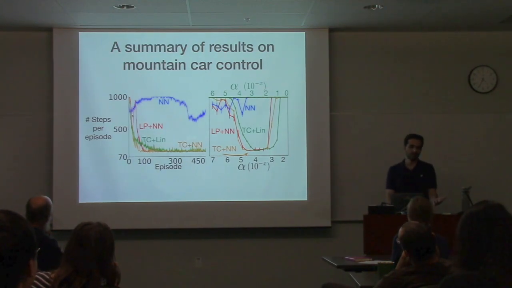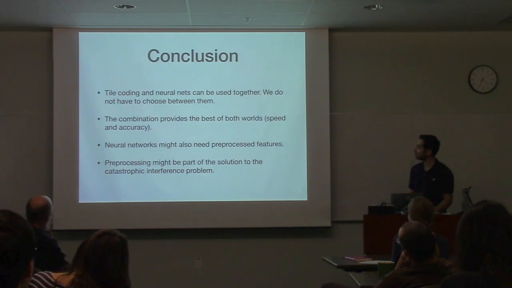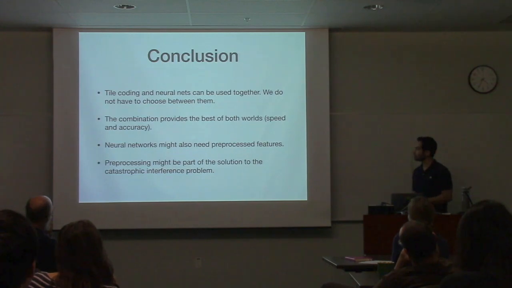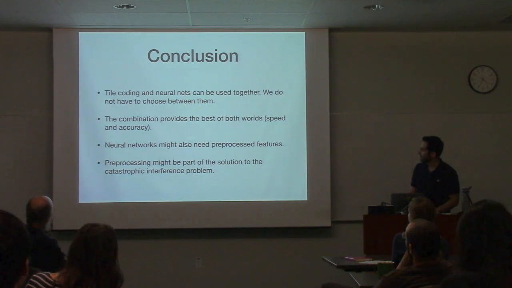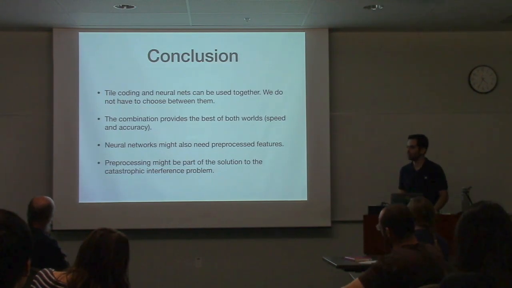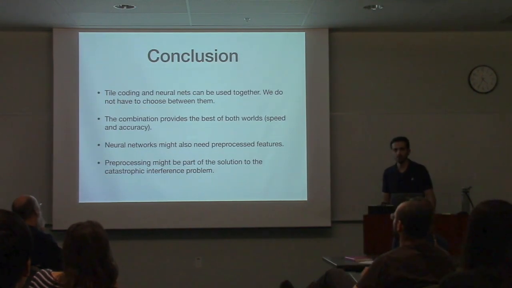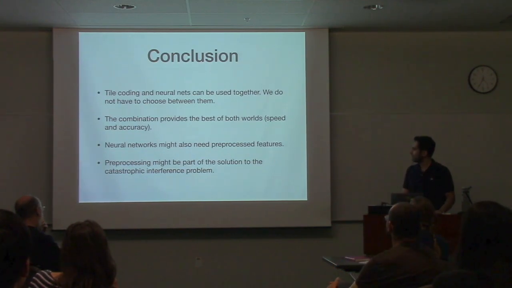Neural networks are good. I'm not saying they're bad. Okay, we move on. So my conclusions, I have 30 seconds. Tile coding and neural networks can be used together. We do not have to choose between them. They can be friends. The combination of tile coding and neural networks actually provided the best of both worlds in our experiments: the speed of tile coding and the accuracy of nonlinear function approximation.